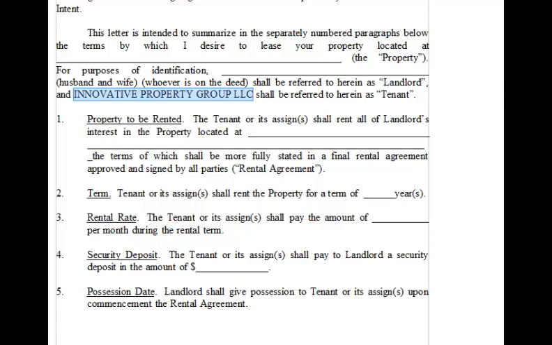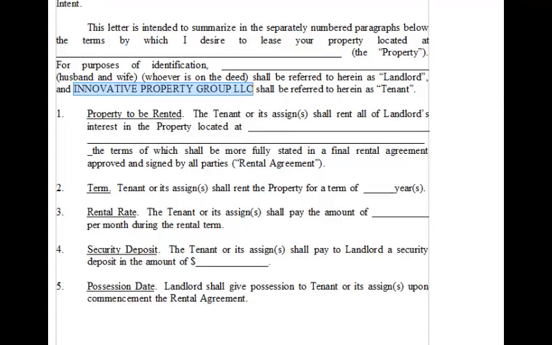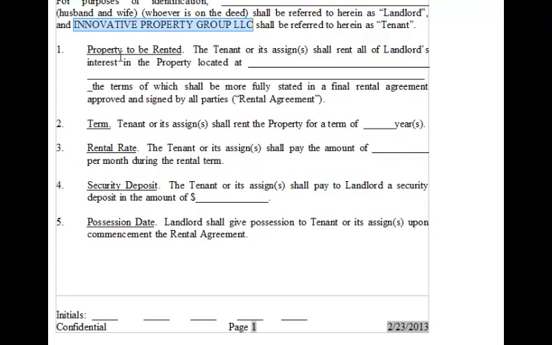We're going to sell our agreement or assign our agreement. So the next one is a property to be rented, shall rent all of landlord's interest in the property located, and then we will put in the address again here. The terms of which may be more fully stated in the final rental agreement approved and signed by all parties. Rental agreement. Okay.